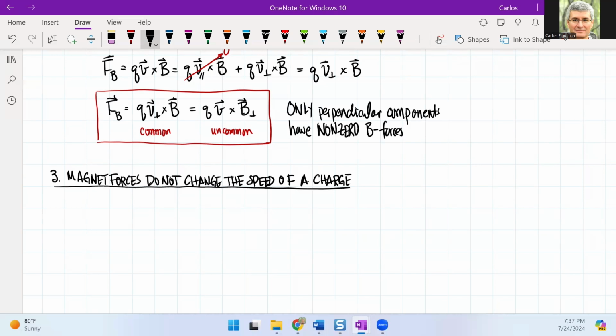And that's the nature of a cross product. So let's see what we actually see here. There are two ways to accelerate a charge. By the way, it doesn't have to be a charge, but there's two ways to accelerate anything.